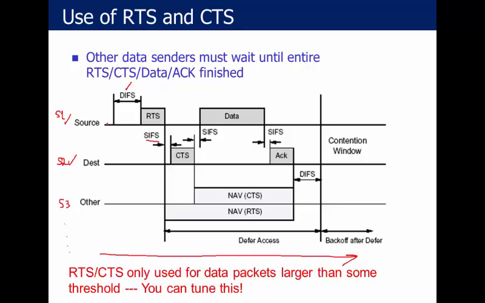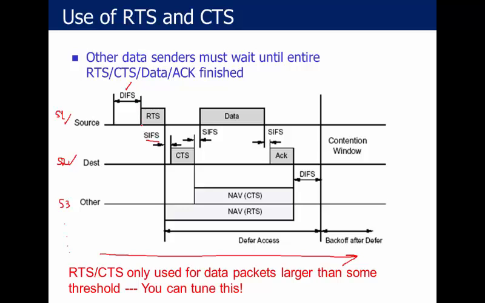So the source waits the DIFS time space. DIFS is in the distribution mode, the distribution coordination function based interframe space. That is the time, DIFS. So wait this long.